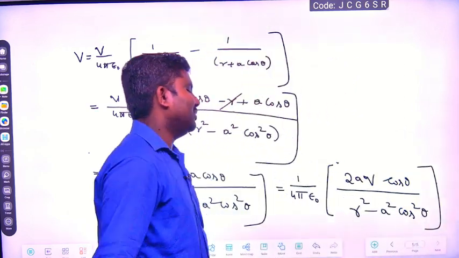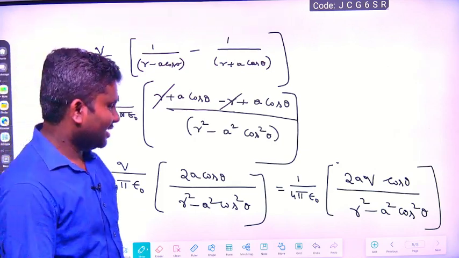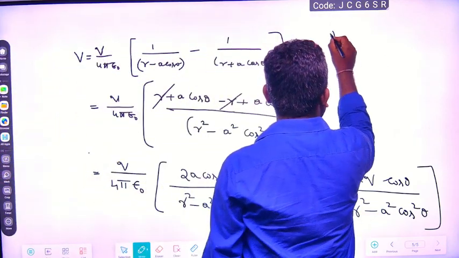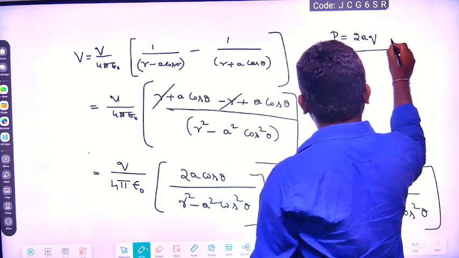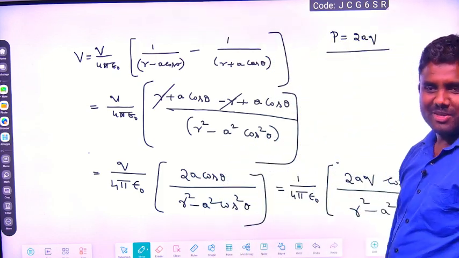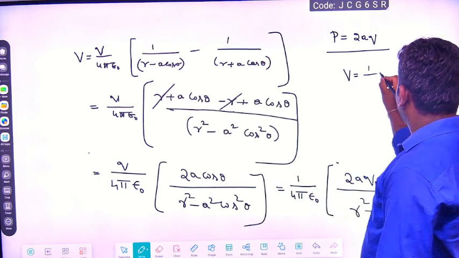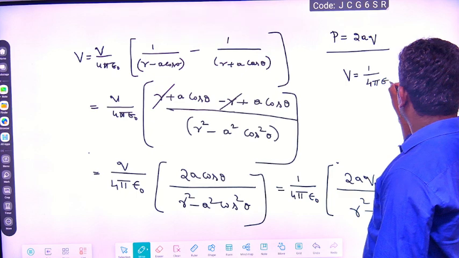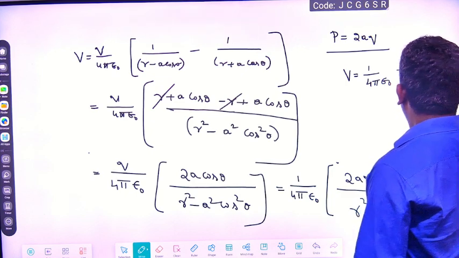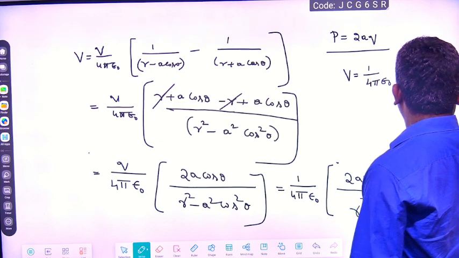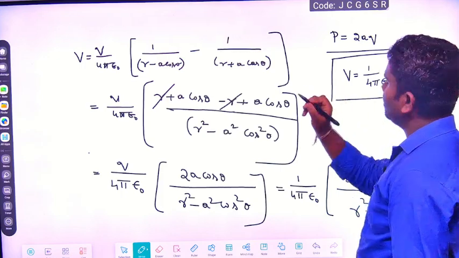What is 2aq, Venu? Dipole moment. P is equal to 2aq. That's why you just write V is equal to 1 by 4 pi epsilon naught P cos theta divided by R square minus a square cos square theta. This is the total potential at any general point.